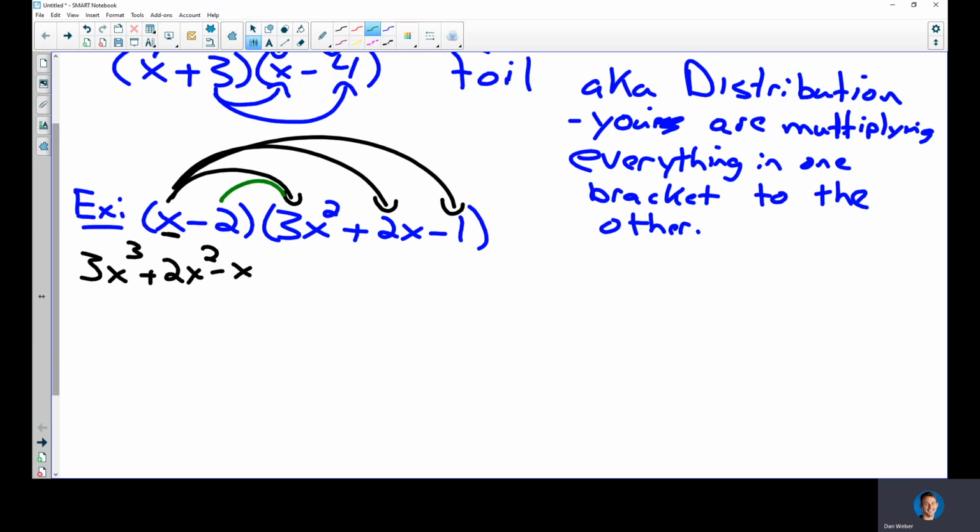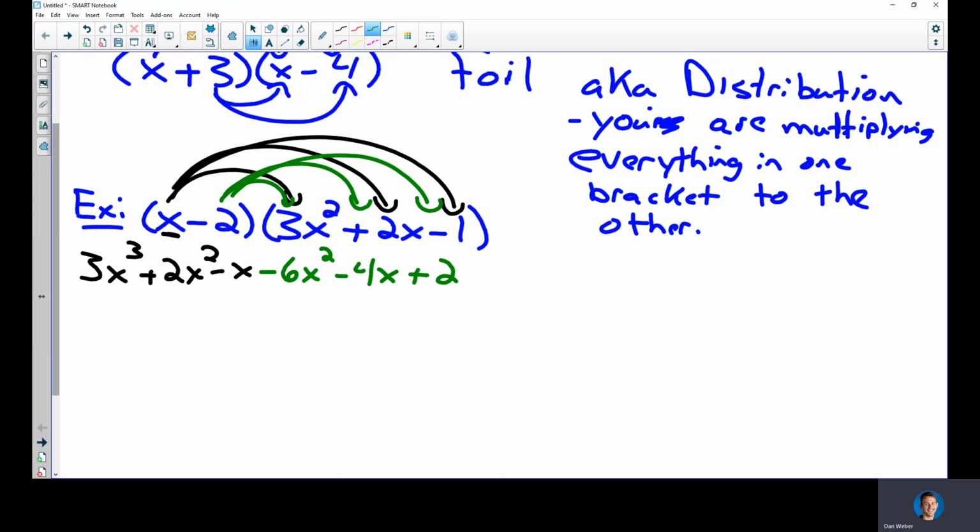We distribute that to everything. So -2 times 3x squared would be -6x squared. This would be -4x plus 2. Any questions about anything we see here? No. Good.